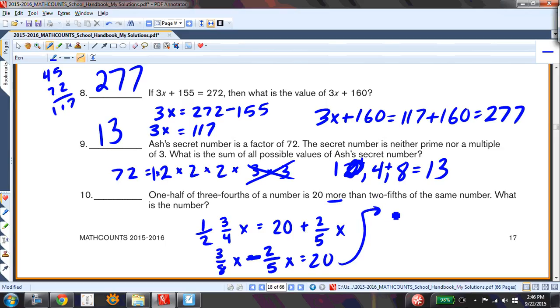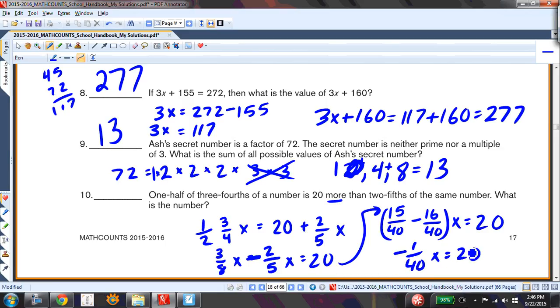So that's 15 over 40 minus 16 over 40, times x, equals 20. That's negative 1 over 40 times x equals 20. Cross multiply, I get x is equal to negative 800. So negative 800 is the right answer.